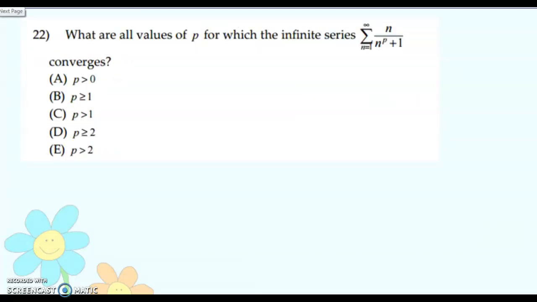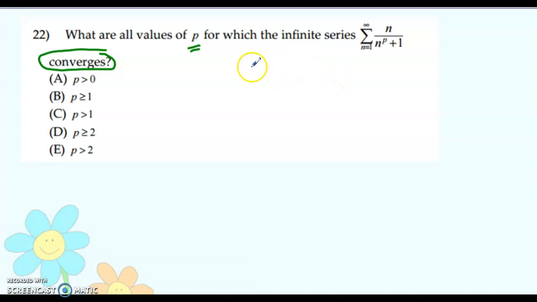Here's another one. For what values of p does the infinite series, n equals 1 to infinity of n over n to the p plus 1, converge? Taking a look at this one, it doesn't quite look like a p-series, but it's making me think it's a p-series, and so are my answer choices. So let's see how we can write this as a p-series.